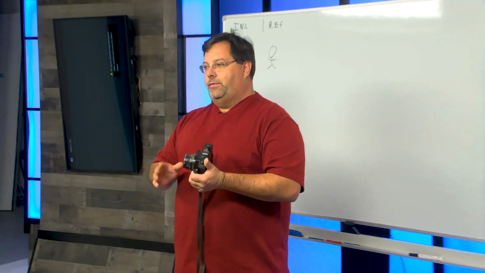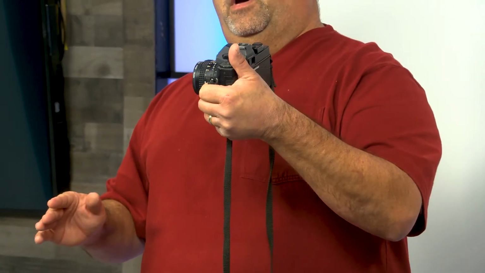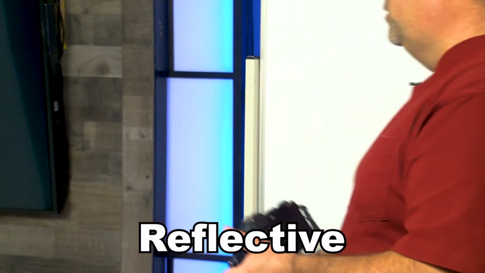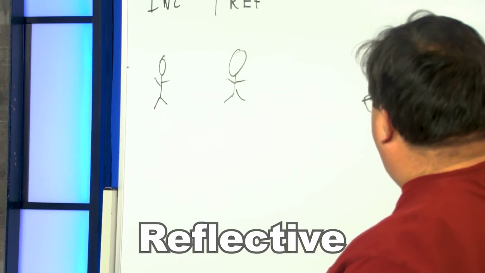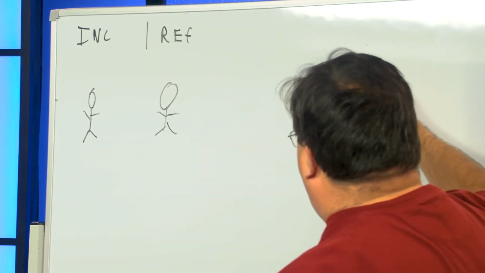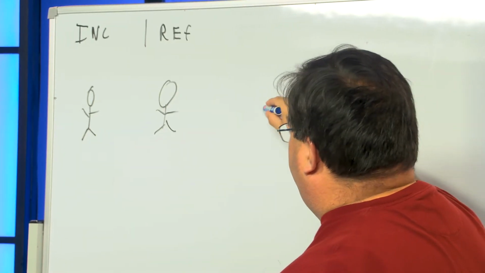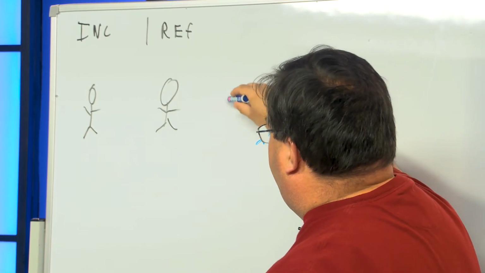Well, this camera sees light as reflective, right? In other words, I have a camera guy right here. Here's my little camera, my lens, and here's a dude right here. And then maybe behind it is a wall.